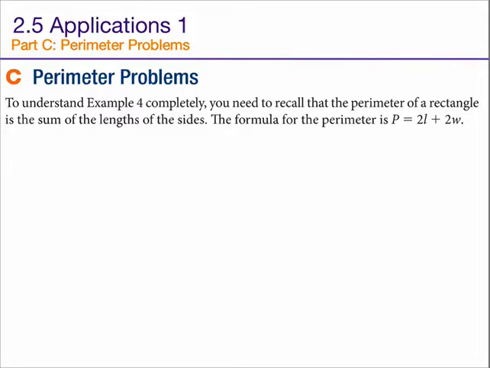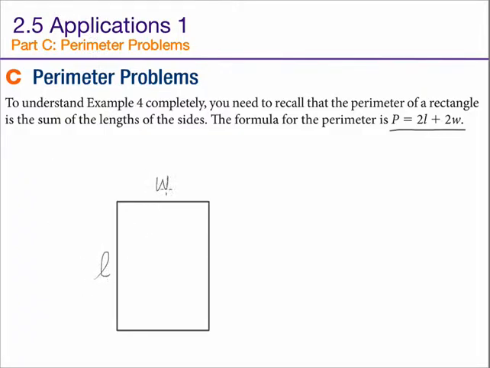Perimeter problems begin on page 187, and we're reminded before we begin example 4 to recall the formula for the perimeter of a rectangle. The perimeter of a rectangle can be found with this formula, 2 times L plus 2 times W. That's because a rectangle with length L and width W has a perimeter found by adding up all four sides.